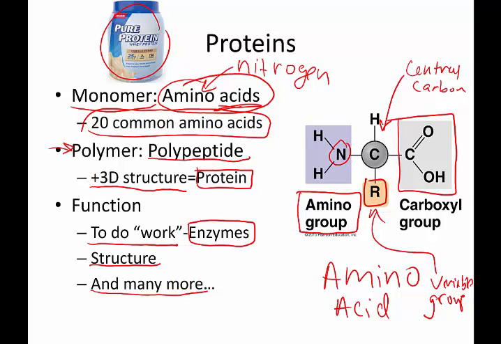And this is actually an acidic group. So this actually raises the pH of solution. This is why we call these amino acids. They have this carboxyl group, which is acidic. It's actually a little bit more complex than that. If you take organic chemistry, you'll learn a little bit more about Zwitter ions and things like that.